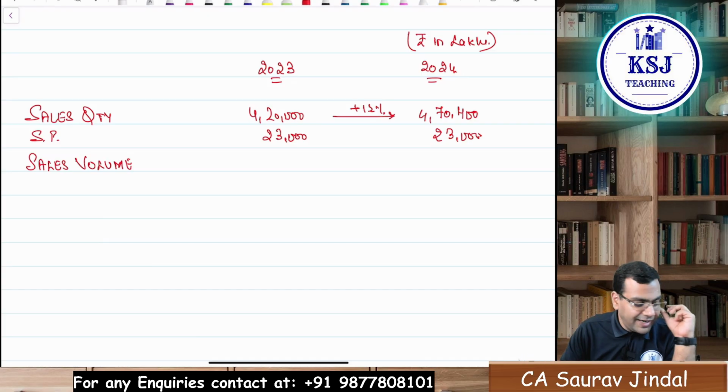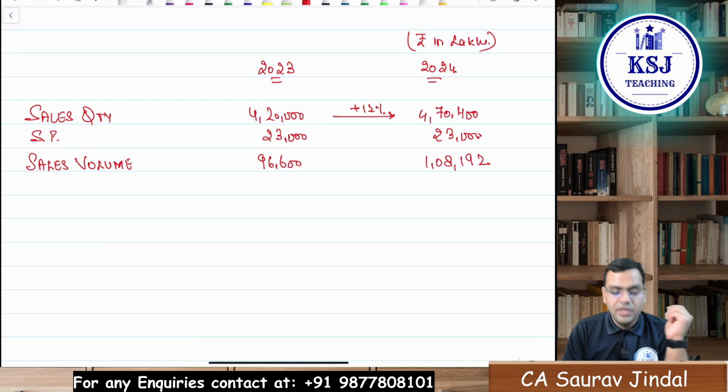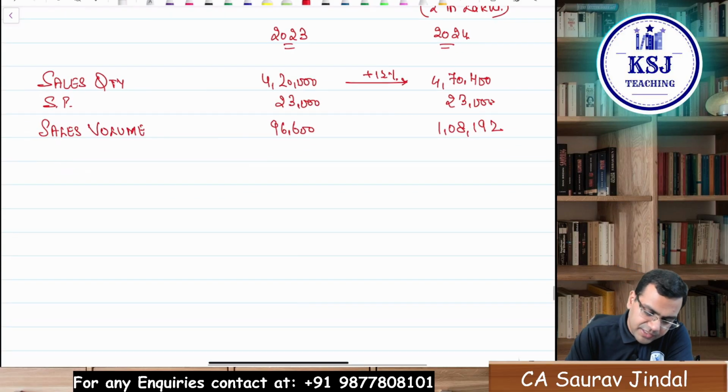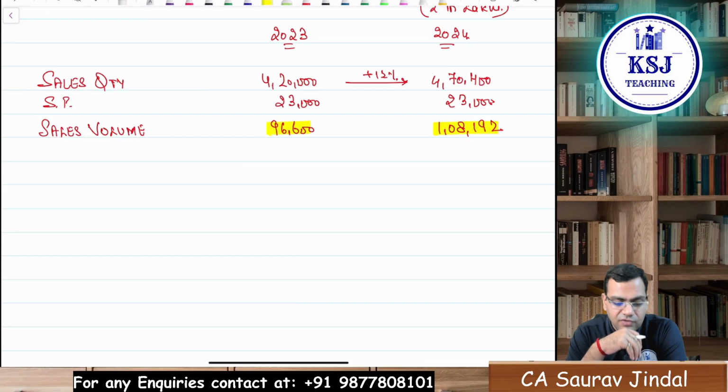That will come to 96,600 in lakhs, so please be very careful with this. This comes to 1,08,192. This is your sales volume that we have got. Okay, so I'll highlight this sales volume part. This is one part that we have got.